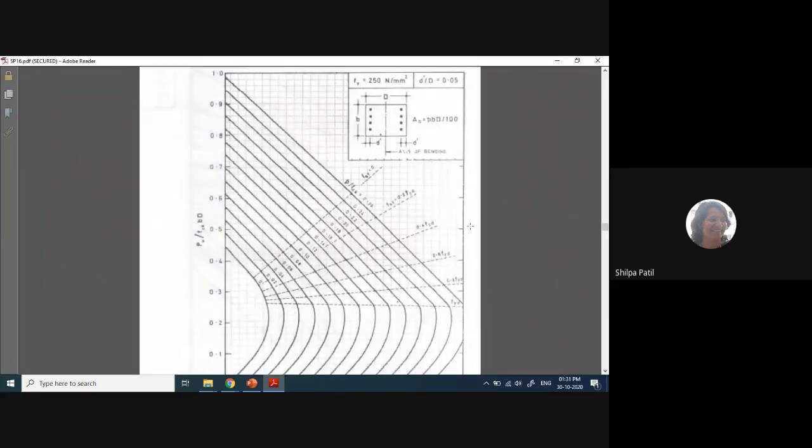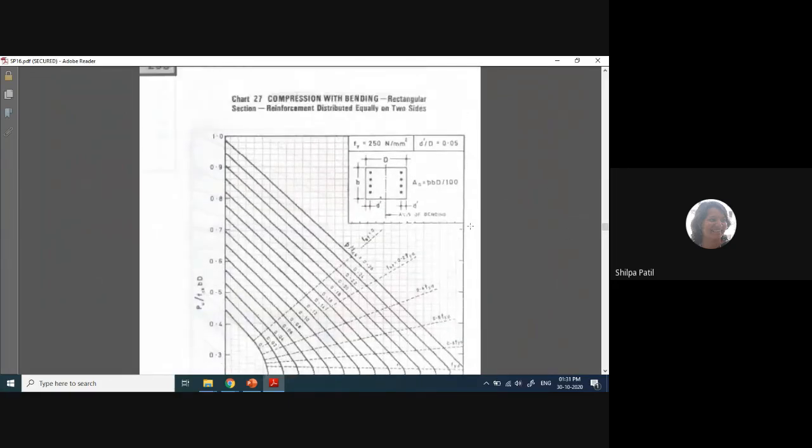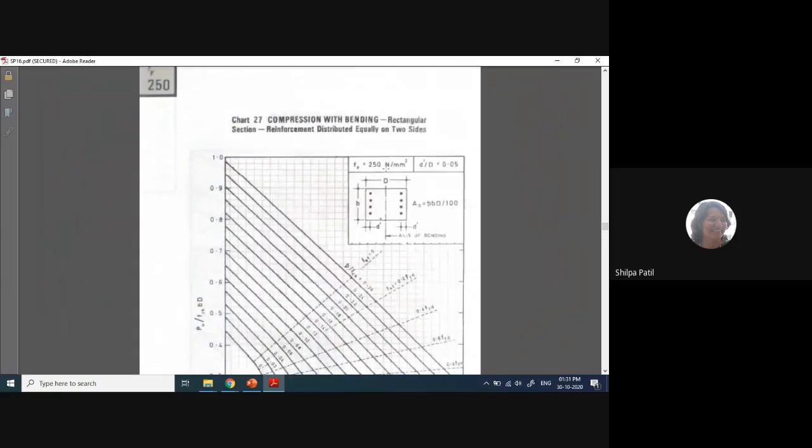Now, what is the information given here? See, for Fy equal to 250, student, is it visible to you? Yes, ma'am. Okay. So for Fy equal to 250 Newton per mm square and d dash by d ratio equal to 0.05, these curves are drawn.